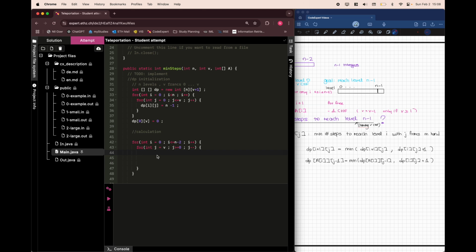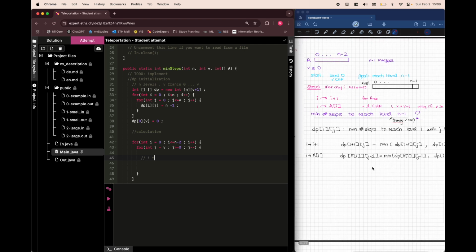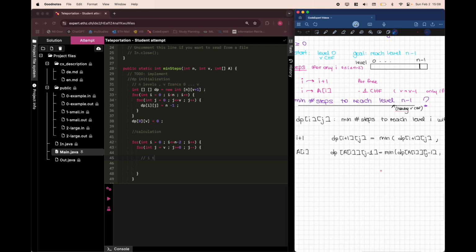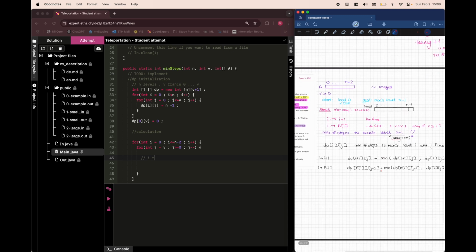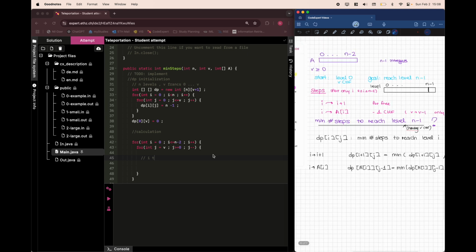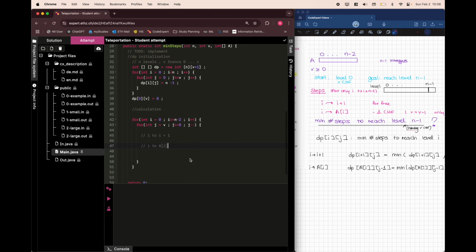So now we have two cases. The first case will be i to i plus 1. Then the next case will be i to A of i, right? Then we have to write something here to calculate that DP entry.